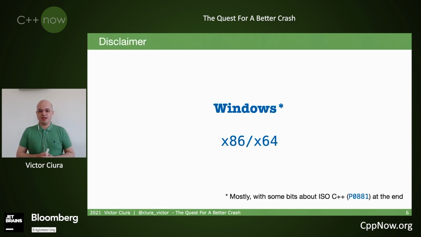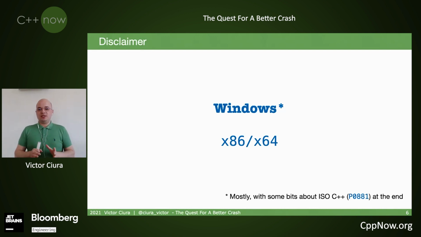All right. My presentation is mostly Windows. So I'm going to talk about two instruction set architectures here because there are differences in 32-bit and 64-bit Windows applications and how they handle exceptions and stack walking and symbols and such.